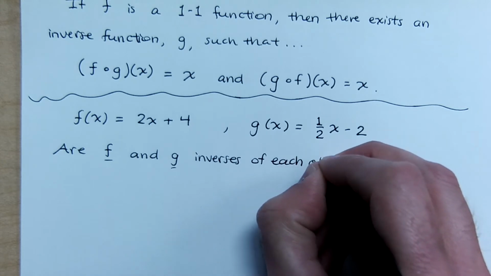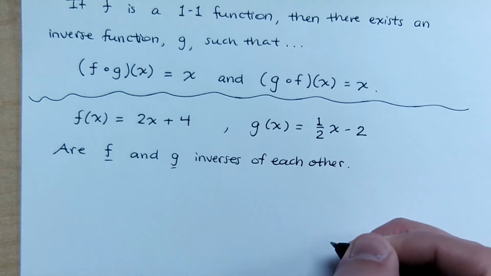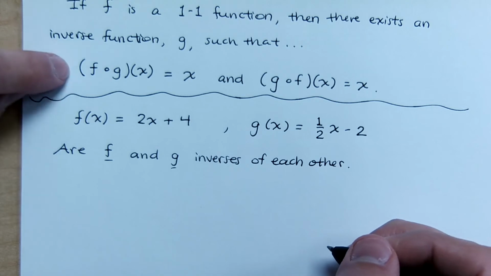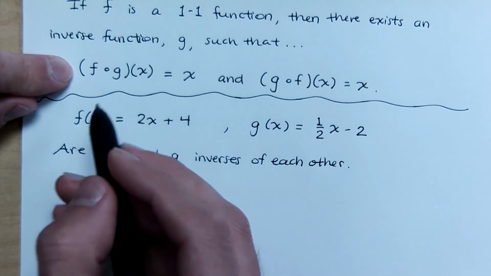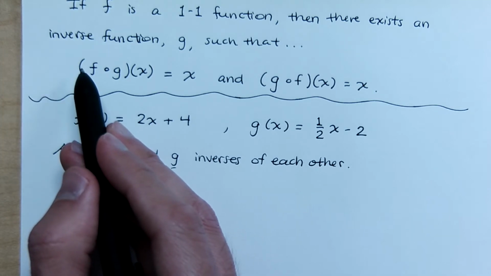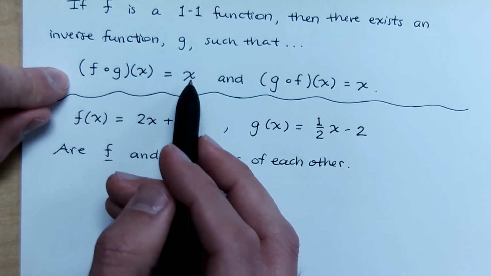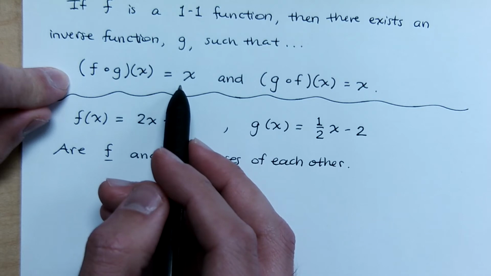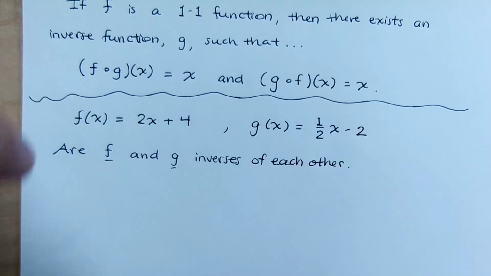To determine whether or not these functions are inverses of each other, you check this. If you plug g into f, everything basically cancels out to give you the original input x. And if you compose it the other way, things cancel each other out so that you still get back to x.